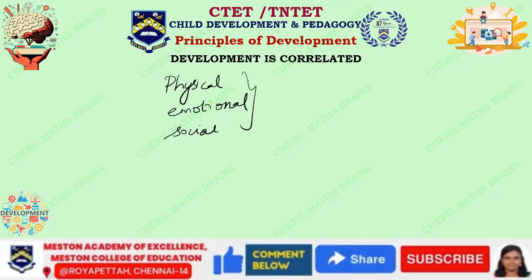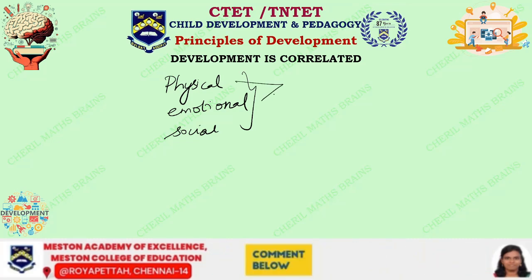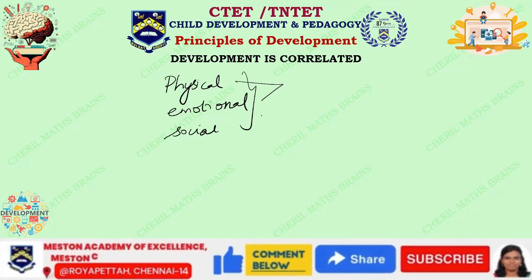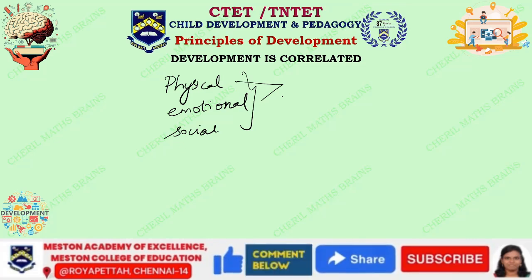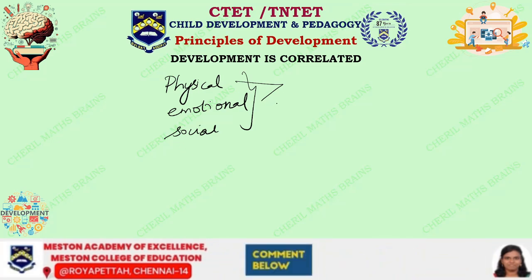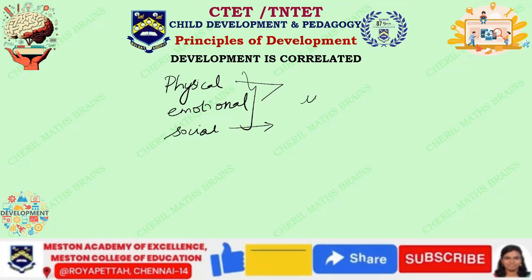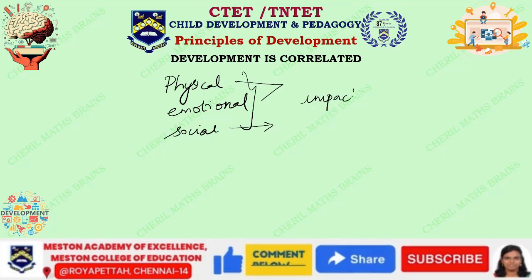Though you might say it is multidimensional, still all these are interrelated. As the child grows physically, the child will also have emotional changes, and the child will also behave differently with its social environment. So all these are independent of each other but still have an impact on each other.